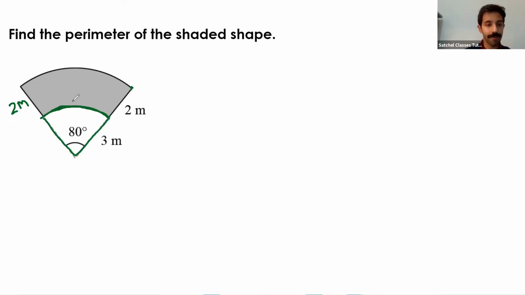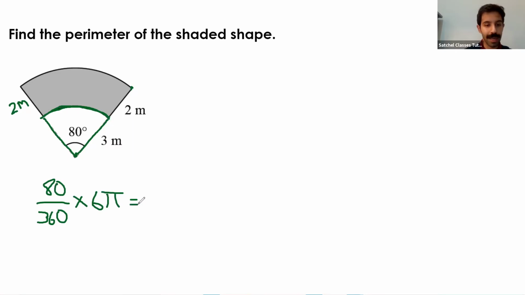So this arc length is going to be 80 over 360, which gives us the fraction of the circumference that we want, multiplied by the circumference. Notice the radius of this sector would be 3. Again, if we were to expand and draw a circle, this would be the center point. So that's going to be pi times 6, which is 6 pi.